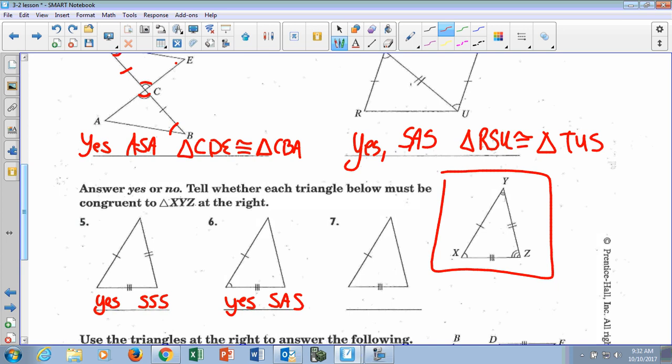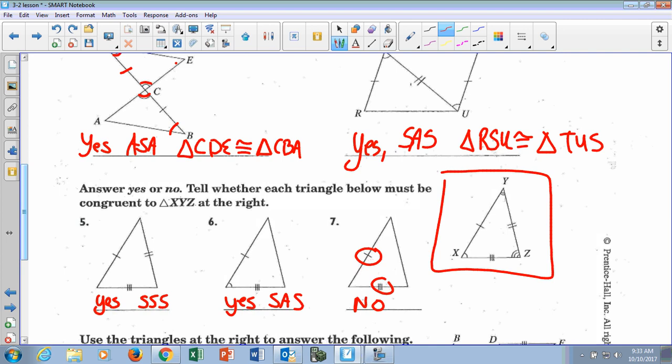Elena? I think no, because there's 2 sides, but there's only the 2 angles, not 3. Right, well, there's only the 2 sides, right? Which basically means it's not saying those angles are the same. So if they only have 2 sides that are the same, the angles aren't going to work. We're not given enough information there. So that's a no.